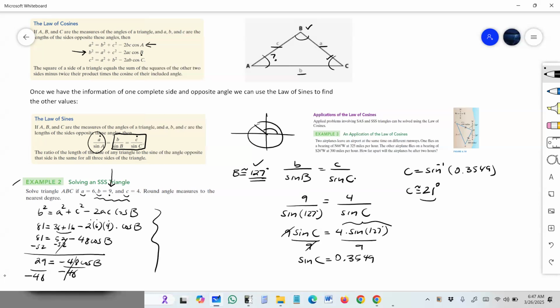Now, I could use the law of sines or the law of cosines, but I don't really need to, right? I know that the sum of the angles is 180 degrees. So A plus B plus C is 180, and I know that B plus C is 127 plus 21, which is 148.